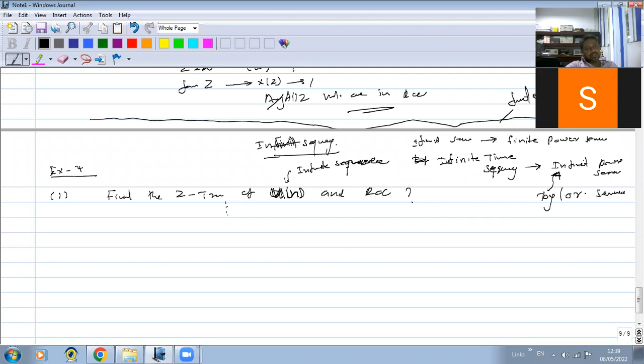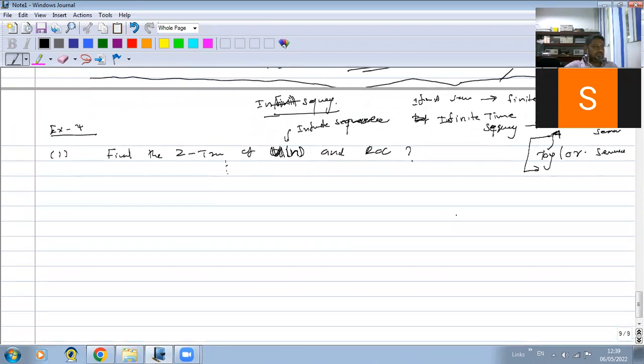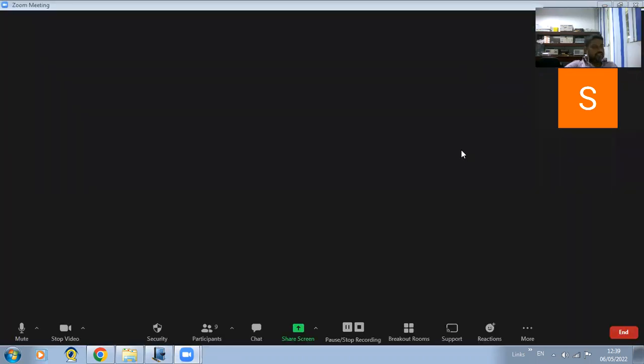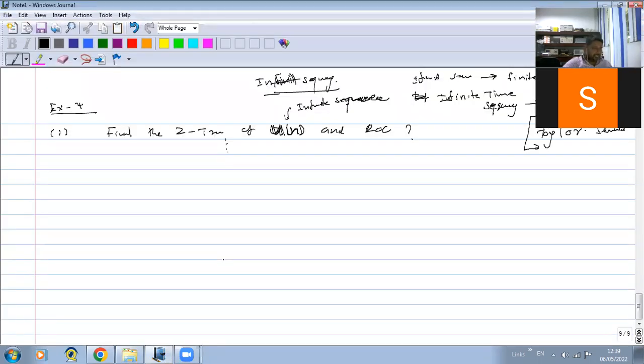An infinite power series we can write in a compact form using Taylor's expansion. Okay, we will do this. Maybe you do not remember that, but we will see. We will try to do this.